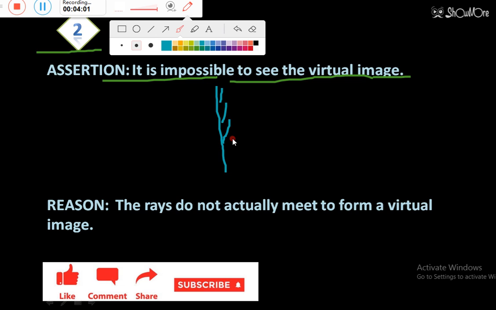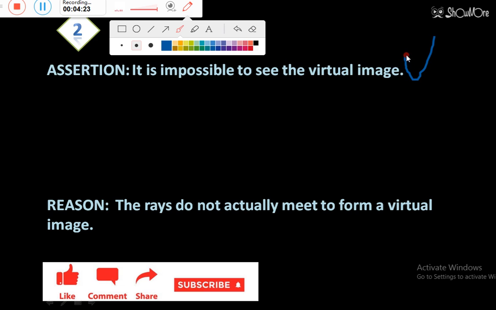That image is also virtual. So this statement is wrong. We can easily see an image, either real or virtual. We can see both types of images, real as well as virtual. So this assertion is wrong here.